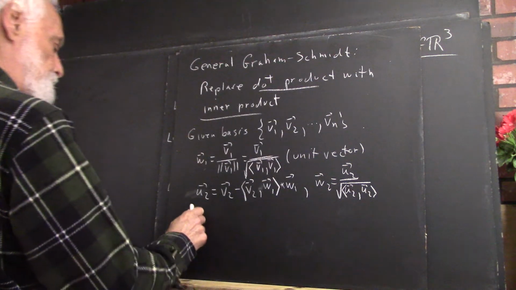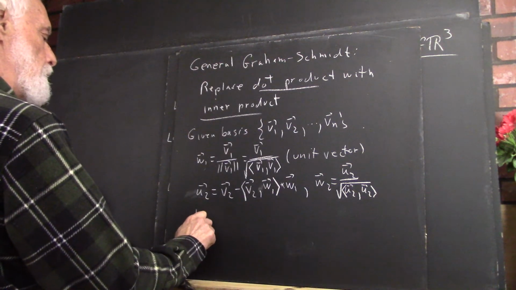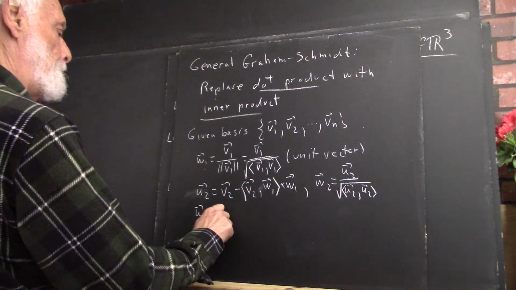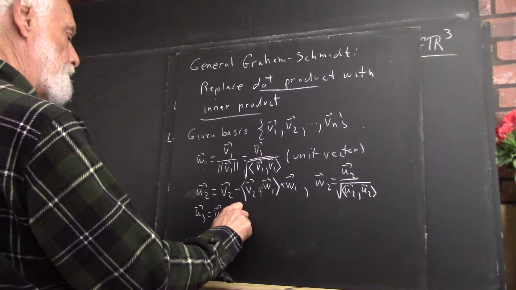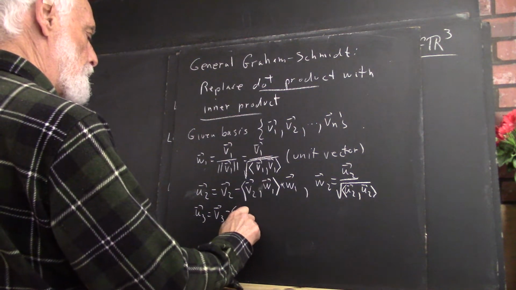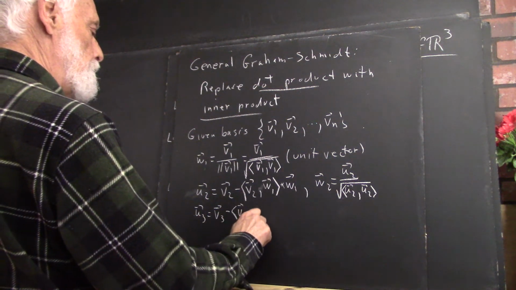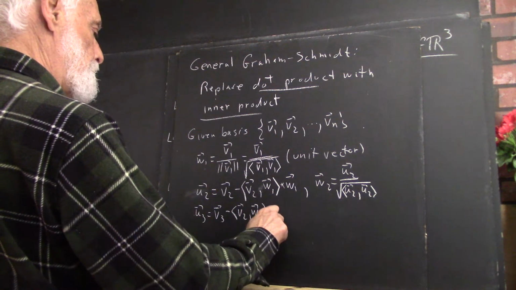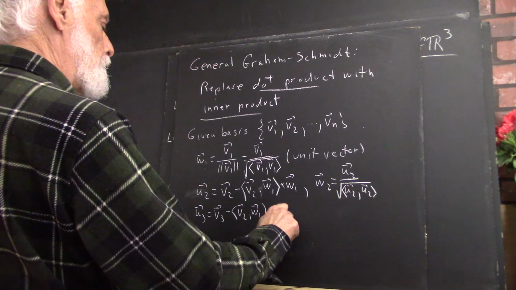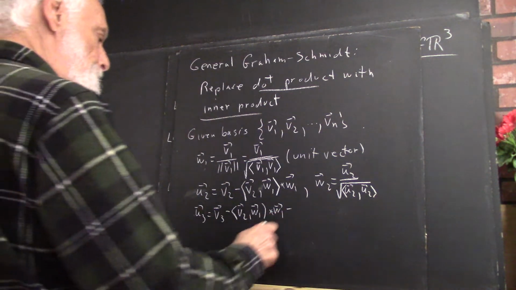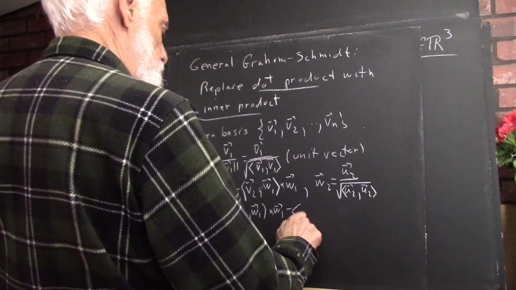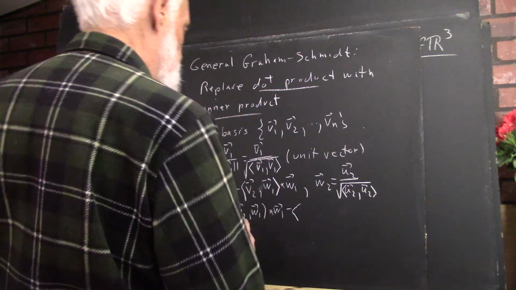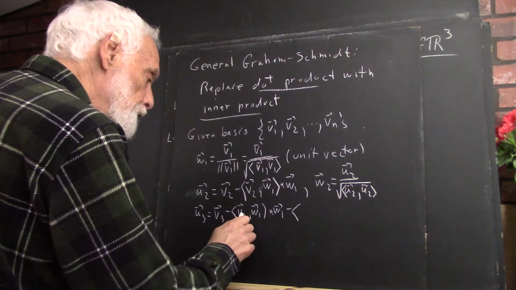Then U3 equals V3 minus the inner product of V3 with W1 times W1 minus the inner product of V3 with W2 times W2. And it's V3, not V2.